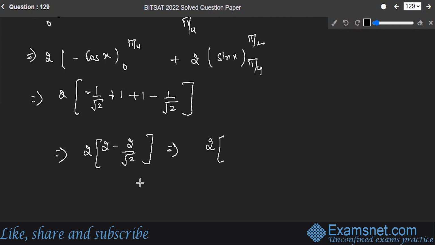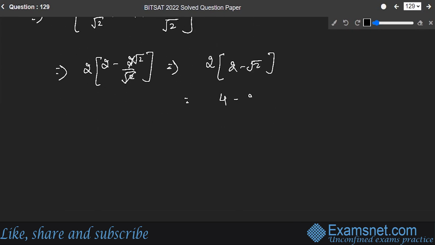I will do this cutting, so this can be written like this. Okay, let's open up the brackets. You have 4 minus 2 root 2, or I'm going to take 2 root 2 common. Here it will be root 2 minus 1.